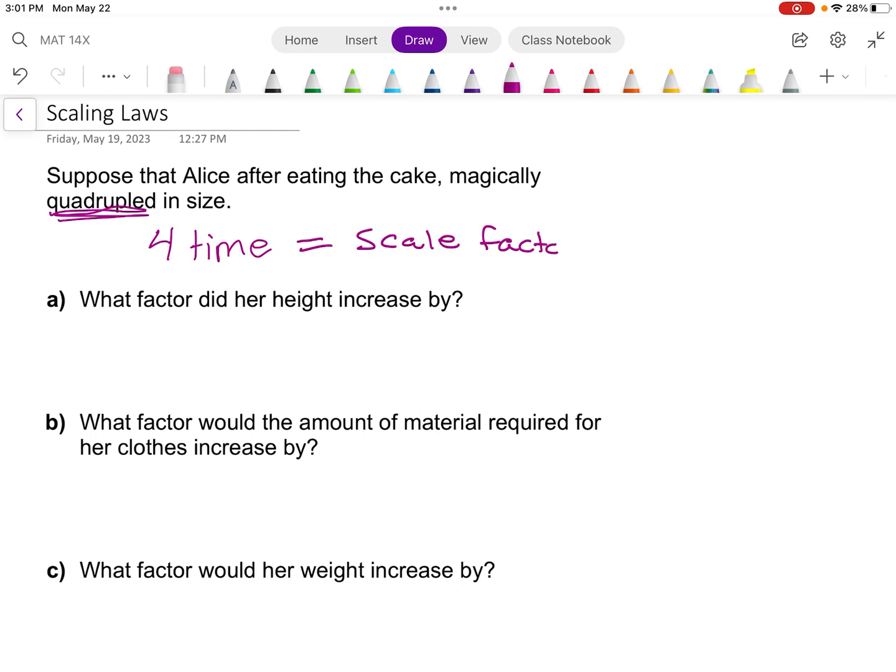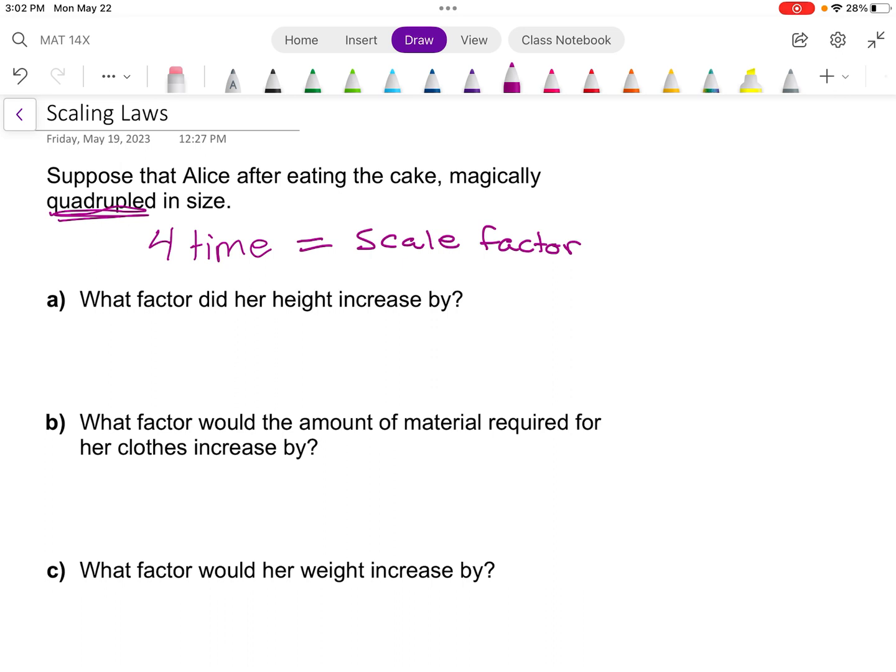This would be the scale factor that would mean all of her dimensions, her height, the length of her legs, the length of her arms, all of those things are lengths, and those measurements are now 4 times bigger.